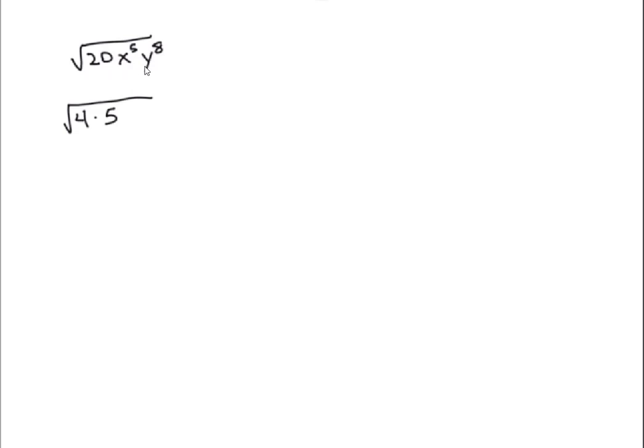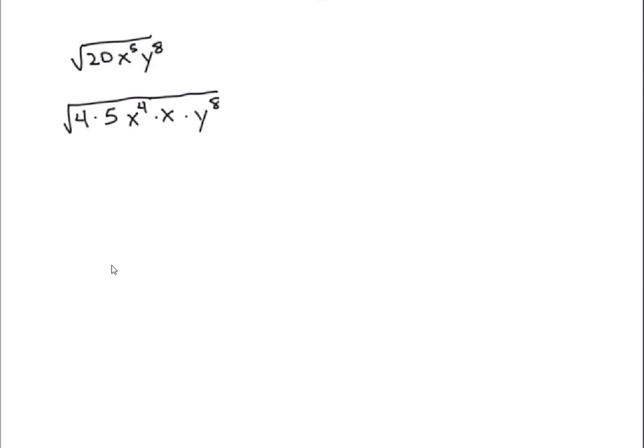For the variables, they're actually easier than the numbers because what we're looking for is the largest even exponent that's less than or equal to the exponent that we have. So in this case, x to the fifth, we want the largest number that's less than 5 and even, and that's going to be 4. So we're going to write this as x to the fourth times x. And y to the eighth, that's already an even number, so we don't need to do anything with that one at all.